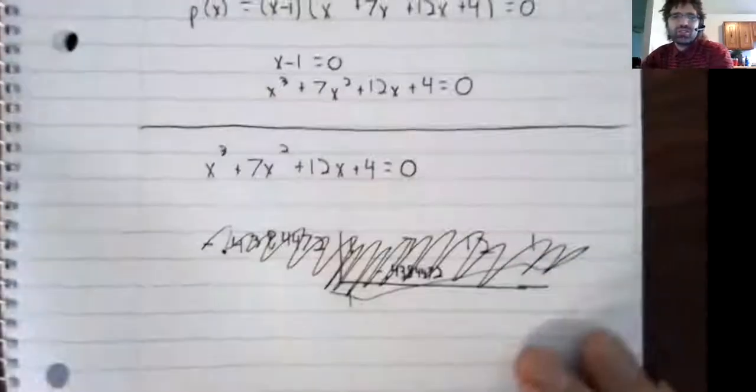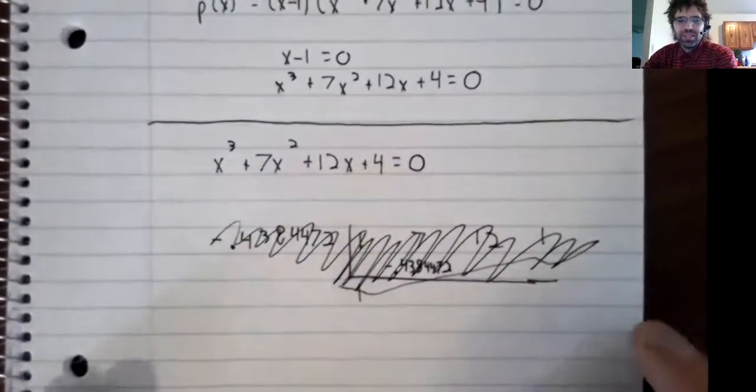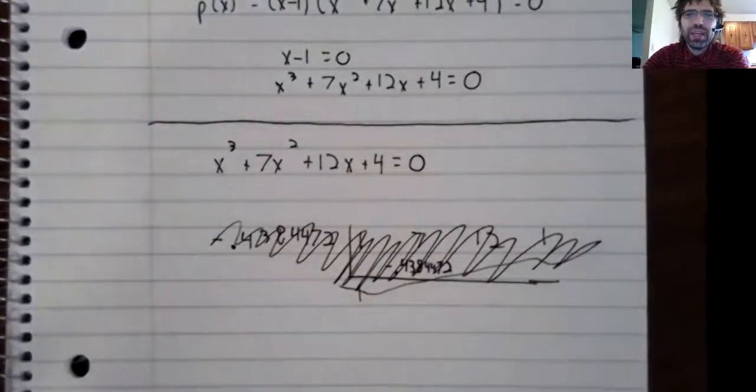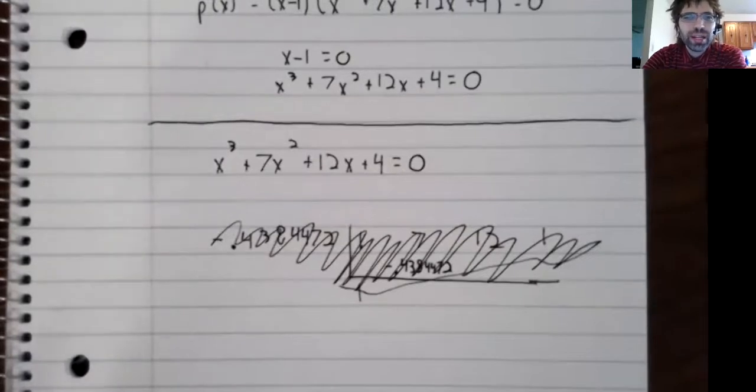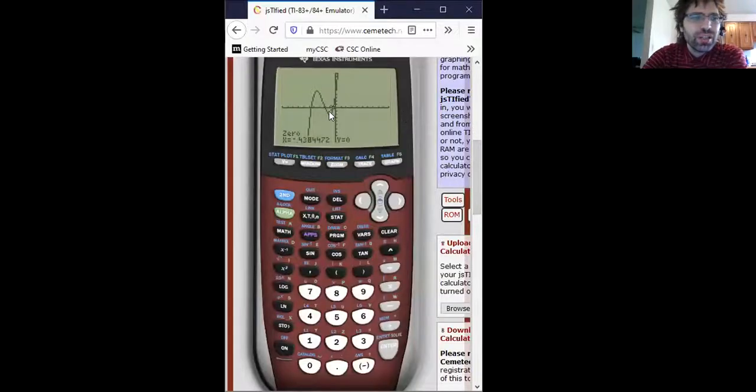So let's look for maybe a better root. Back to our calculator. So here's -1. It kind of looks like -2 might be our root.